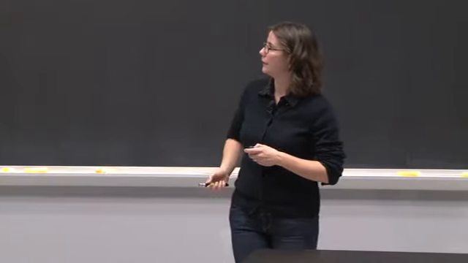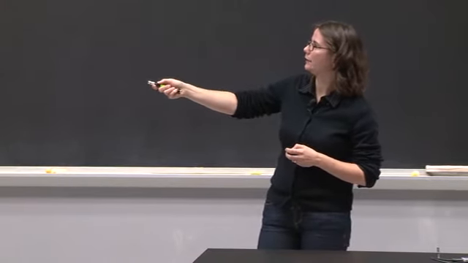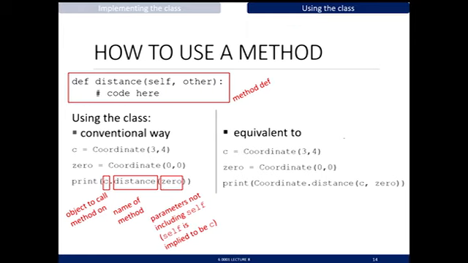An easier way to see what happens is by looking at what this line here is equivalent to. The third line here, print c.distance(0), is equivalent to this one on the right. And this one on the right essentially says, what's the name of the class? Dot notation.